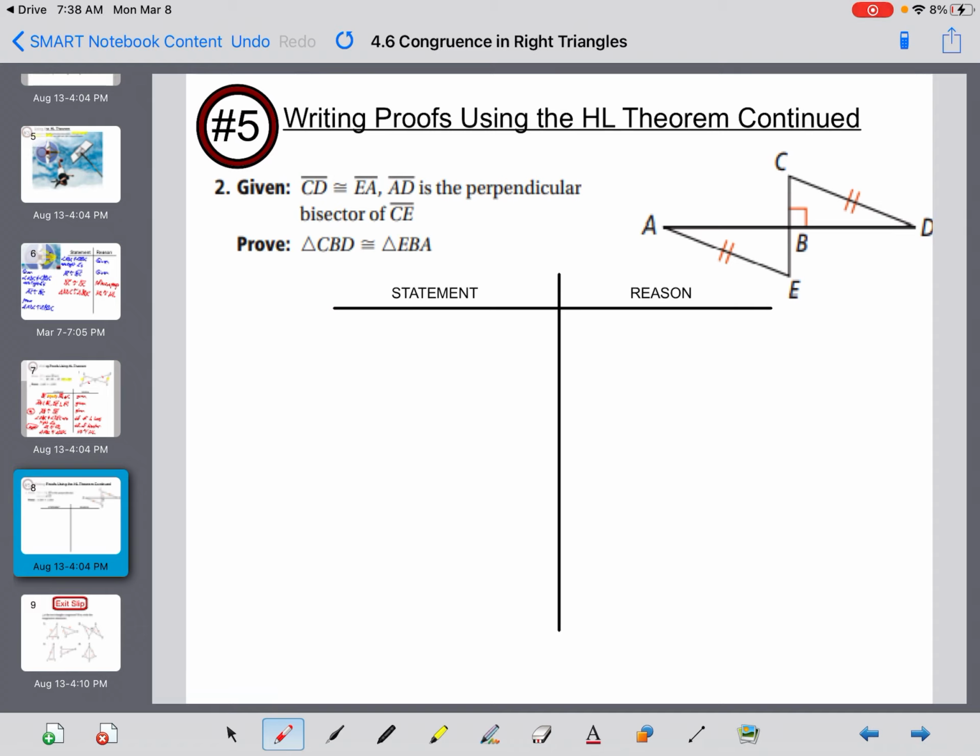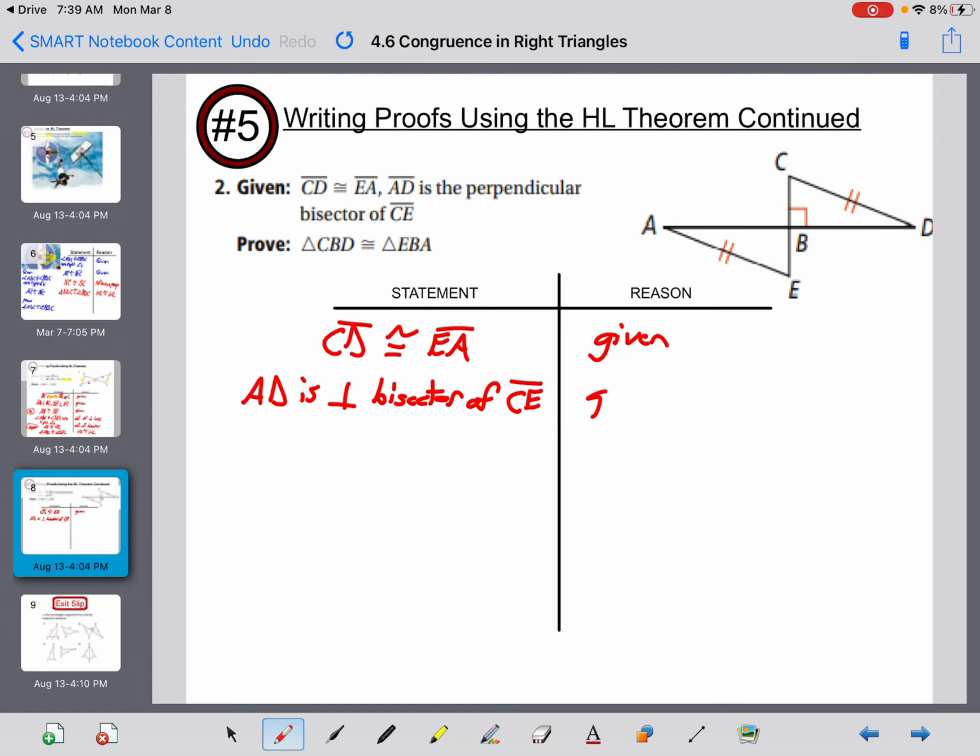Okay. Last one. Start with your givens. CD is congruent to EA. And AD is a perpendicular bisector of CE. Okay, since it is a perpendicular bisector, that means it creates right angles.